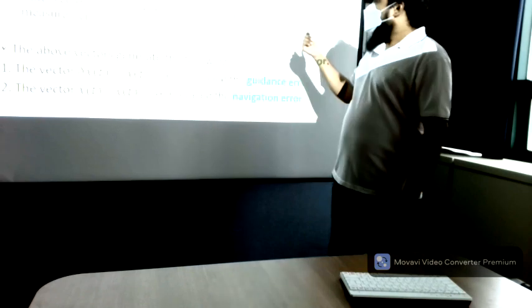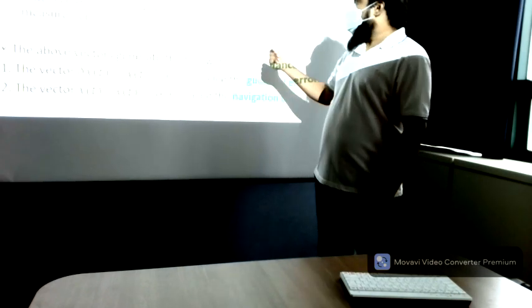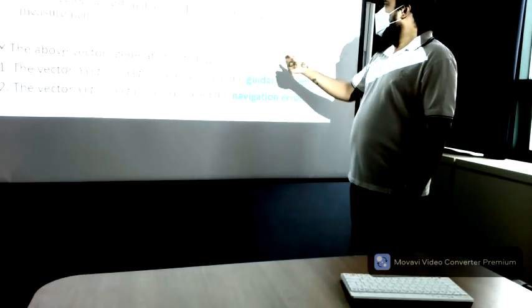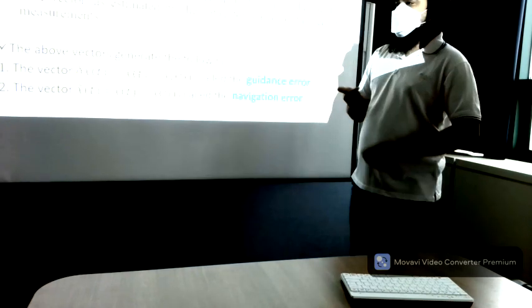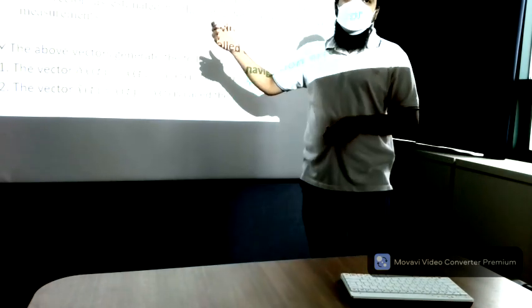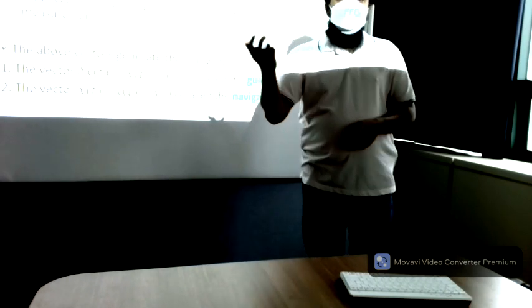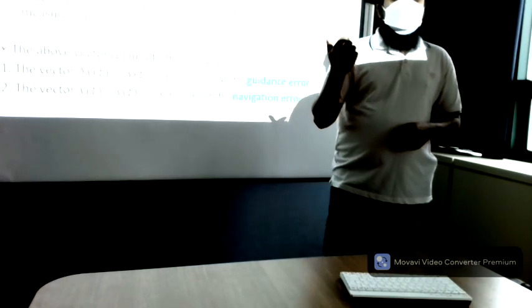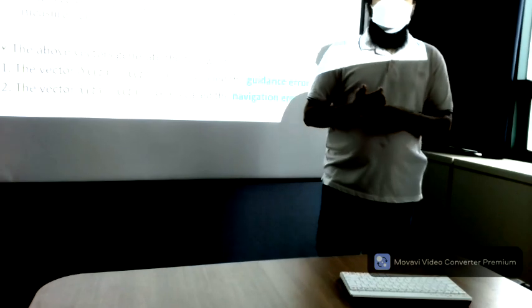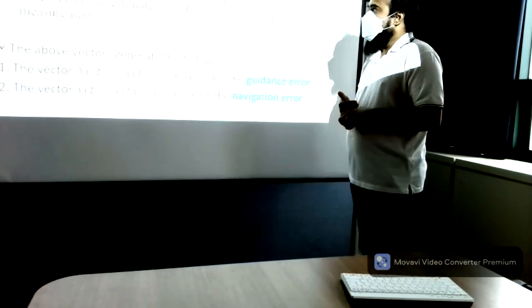That is, the value of the state vector is estimated by the navigator based on the sensor measurements. So here navigation uses sensor measurements like radar to calculate the estimated position of the vehicle.